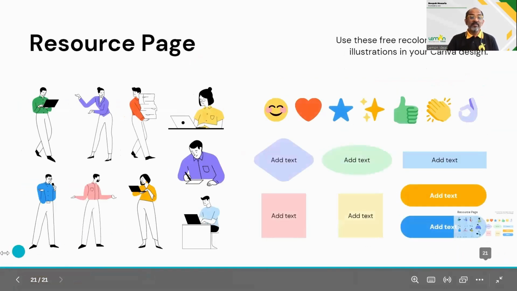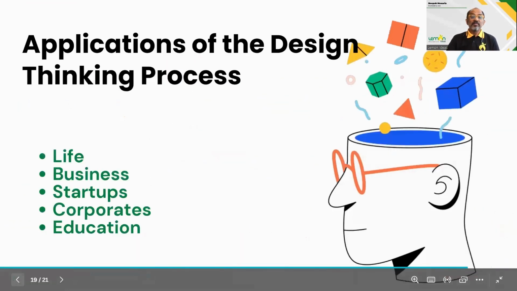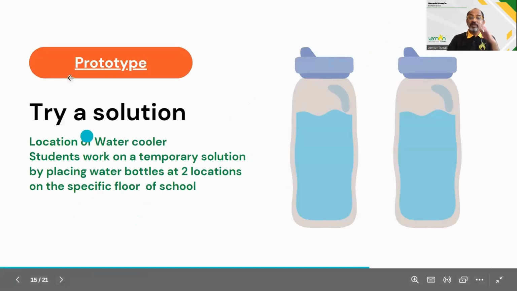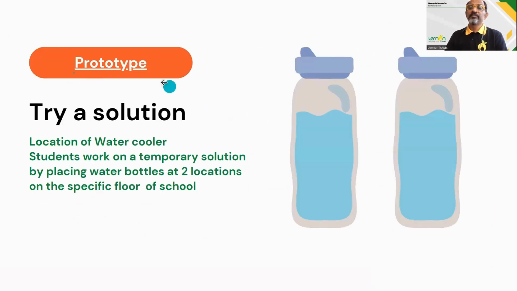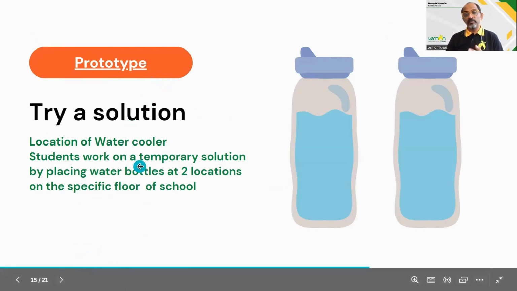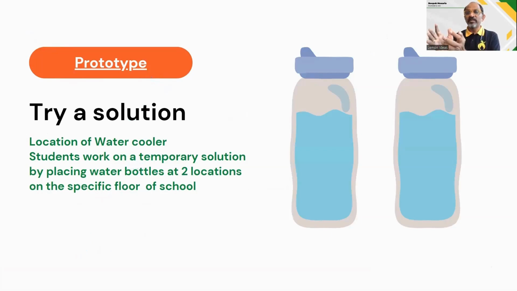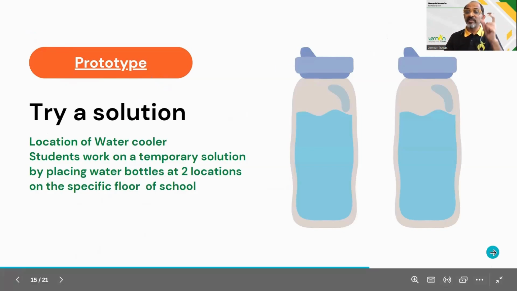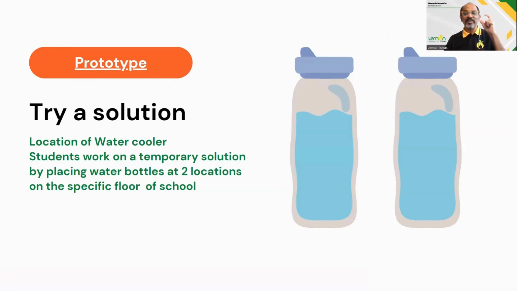Once we had ideated, we were able to build a prototype. After ideating, we picked one solution to prototype, which was keeping some bottles at some places to see if this smaller version worked. Again, it's not a full solution of having new water filters or a new water cooler. It was a smaller prototype where they had to procure 15-20 bottles, which their principal was kind enough to support.